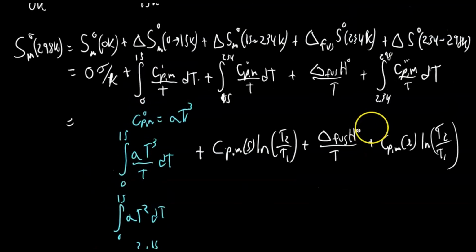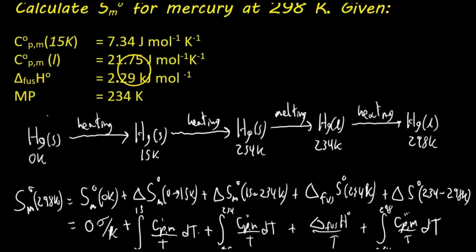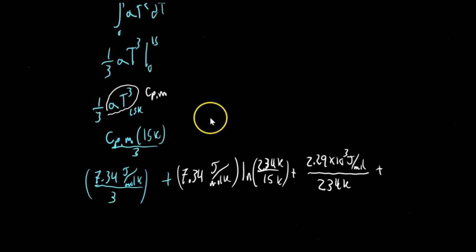Plus, now we want to heat it up. The heat capacity of the liquid is 21.75 joules per mole Kelvin times ln. We're heating it up from what to what? We're going to 298 Kelvin from 234 Kelvin.